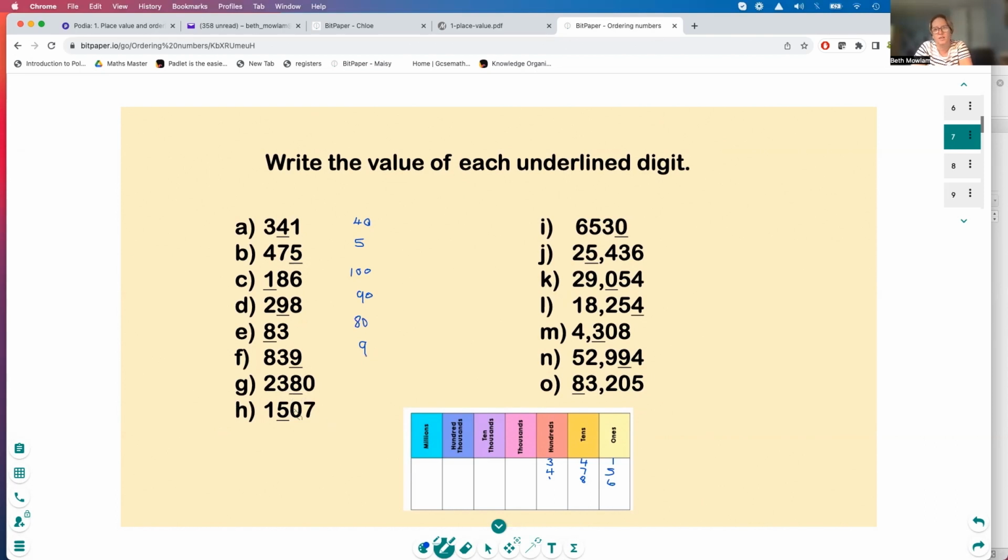So remember, if you're struggling to say it, use that table to help you position it. The 8 is in the tens, so that represents 80. 1,507. The 5 is in the hundreds, so that represents 500.